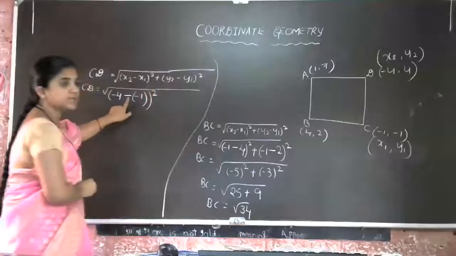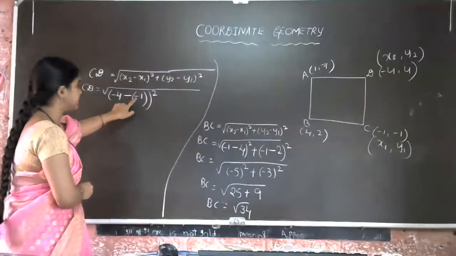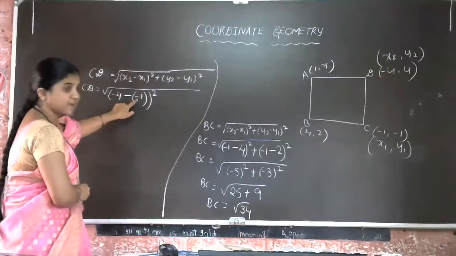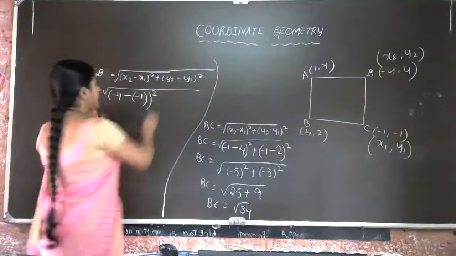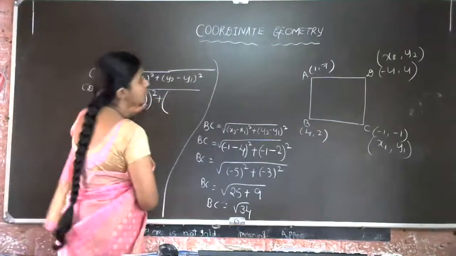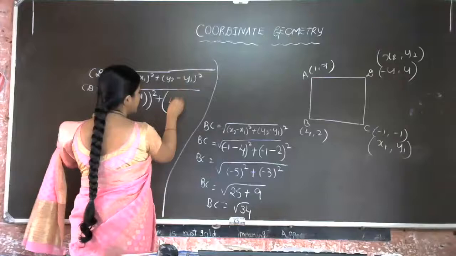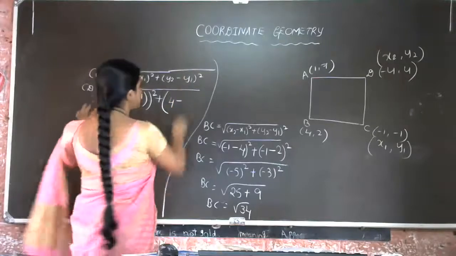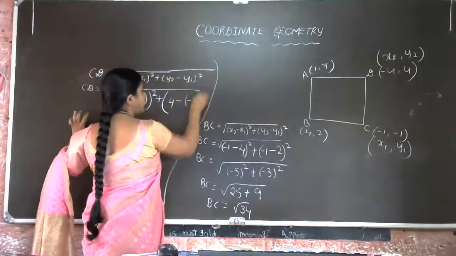Okay, got it? So this is the formula minus and this is the value. The x1 value is having the minus sign. Next plus y2 value is plus 4. Here minus. Then y1 value is also again minus 1, whole square.